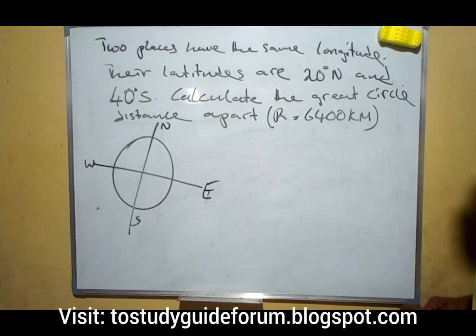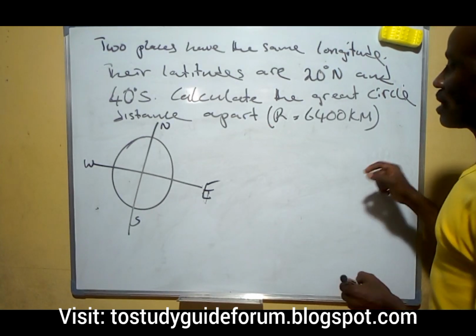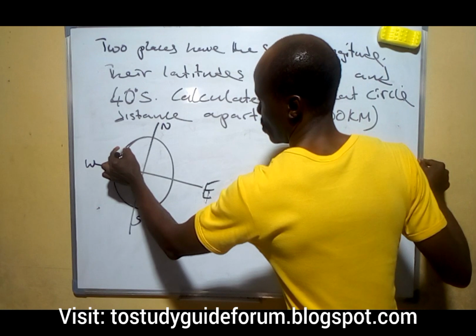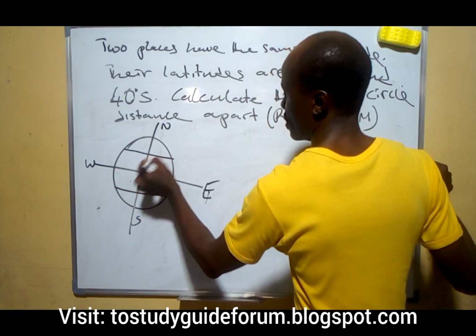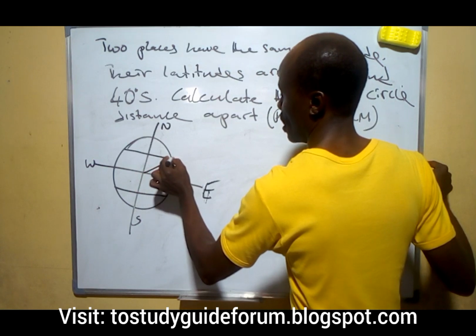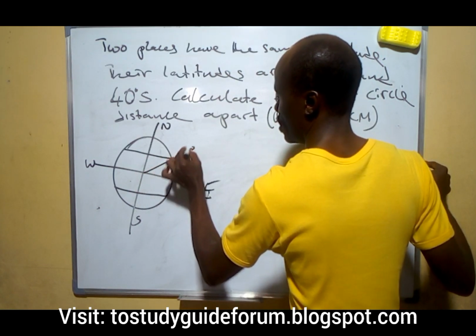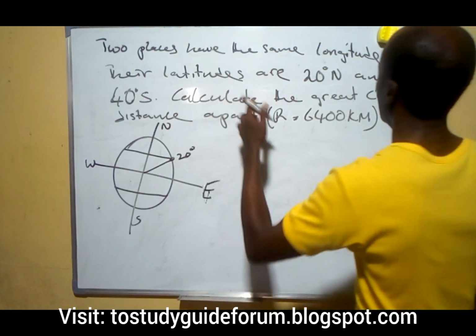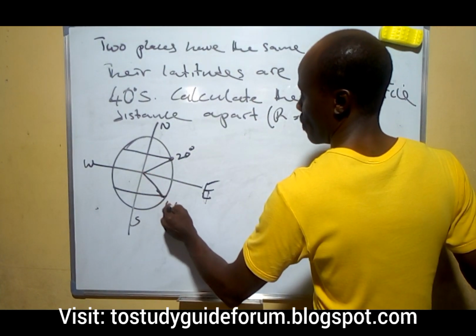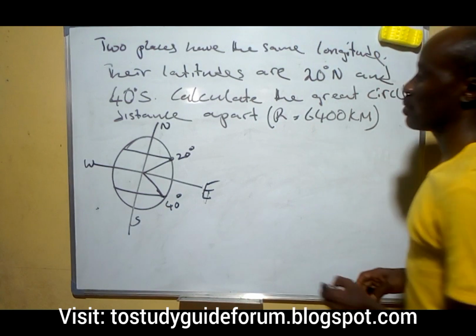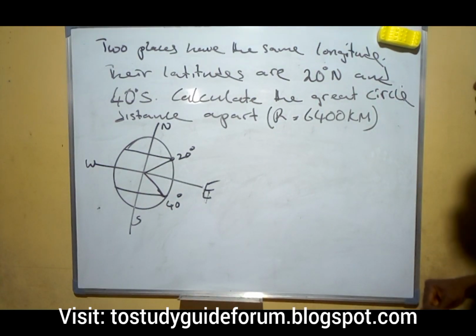So we say that their latitude, this is latitude, meaning that one is, assuming, 20 degrees here, and the second one is 40 degrees.